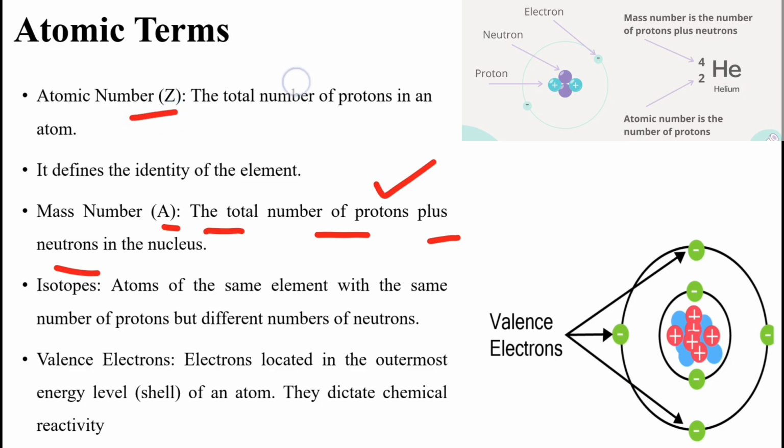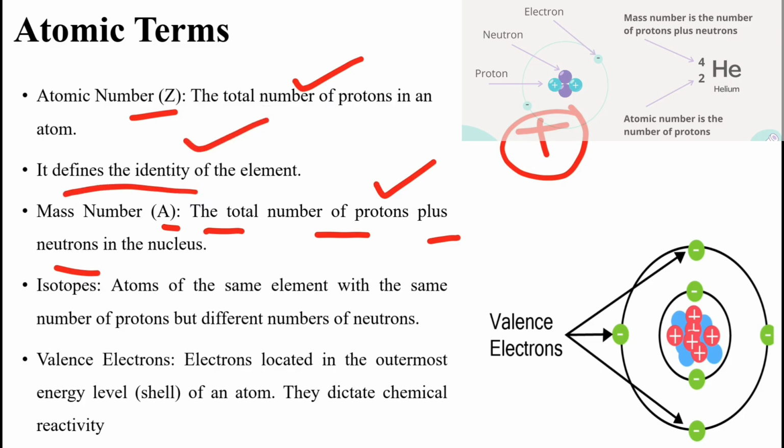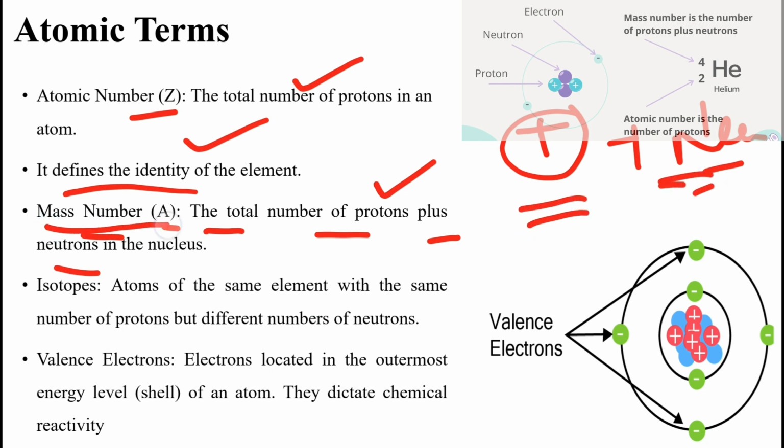So atomic number is the total number of positively charged particles in the atom, and it defines the identity of an element. Mass number is the total number of protons plus neutrons. Neutrons are neutral in nature, so the addition of protons and neutrons gives us the mass number of that atom.